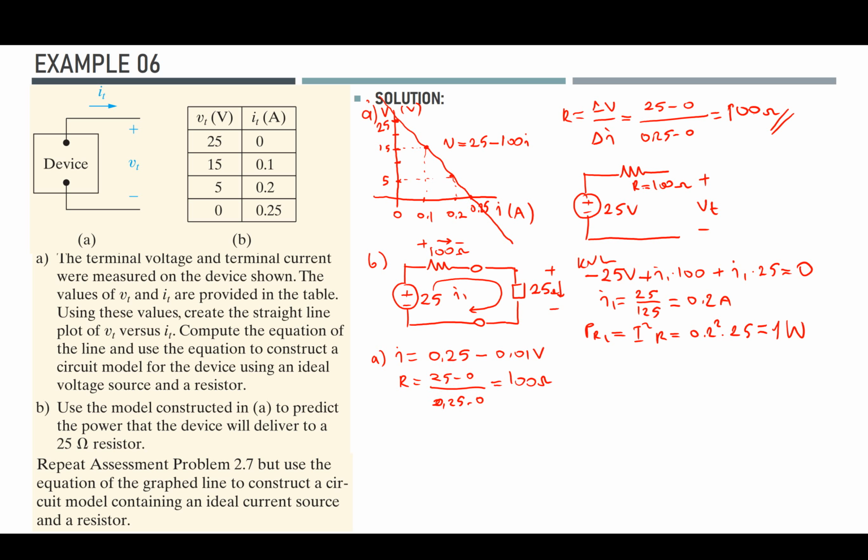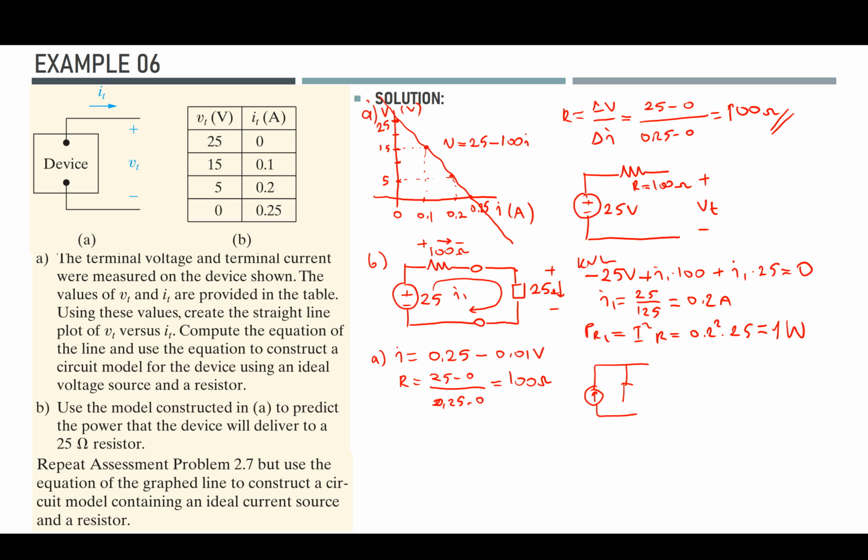But this time, since we have a current source to model this behavior, this resistor would be in parallel. So my model in this case using the current source will be something like this.